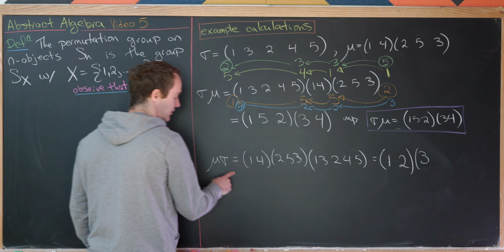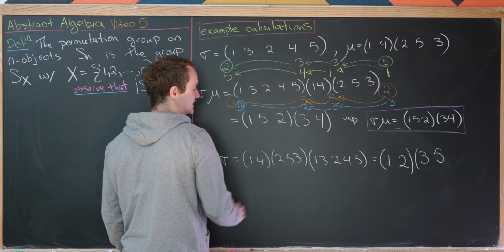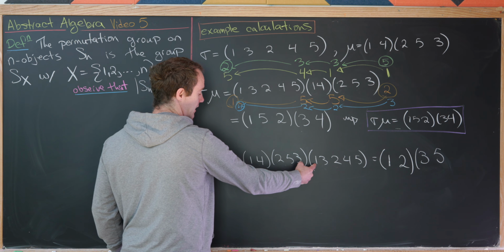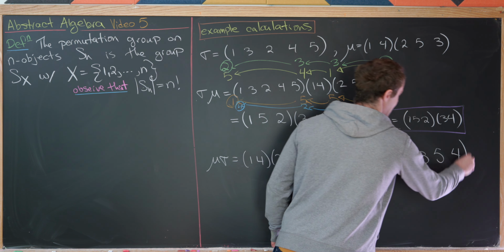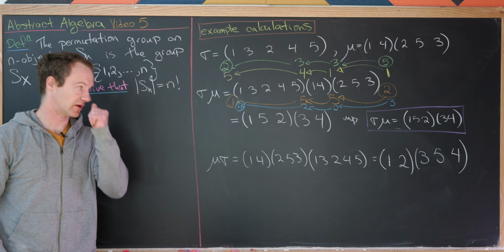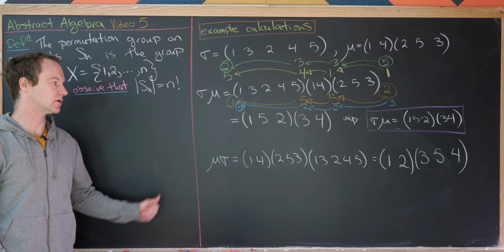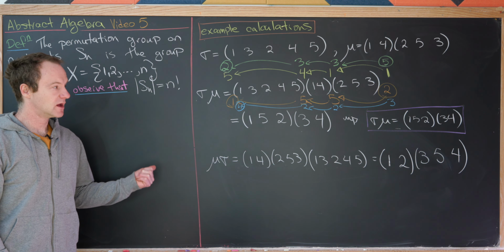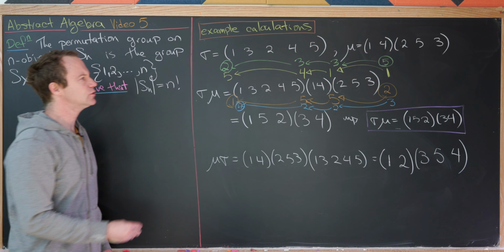So in the end, 3 is sent to 5. Now 5 gets sent to 1, and then 1 gets sent to 4 over here. That closes everything up because we've exhausted all of our numbers. So in the end, we've got the 2 cycle times the 3 cycle: 1, 2 times 3, 5, 4.